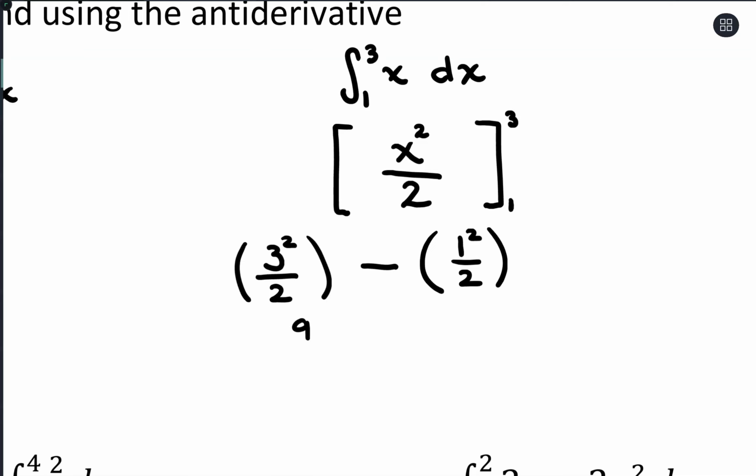So we have 9 halves minus 1 half, which is 8 halves, which is 4. So with that, we didn't need the graph at all. It's just a matter of taking the antiderivative function and evaluating it over that range, plugging in the larger value minus plugging in the smaller value.